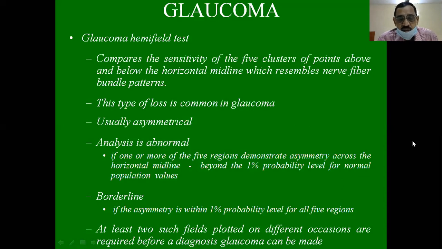The analysis is abnormal if one or more of the 5 regions demonstrate asymmetry across the horizontal line beyond the 1% probability level for normal population values. Borderline, if the asymmetry is within 1% of probability levels for all 5 regions. At least 2 such fields plotted on different occasions are required before a diagnosis of glaucoma is made.